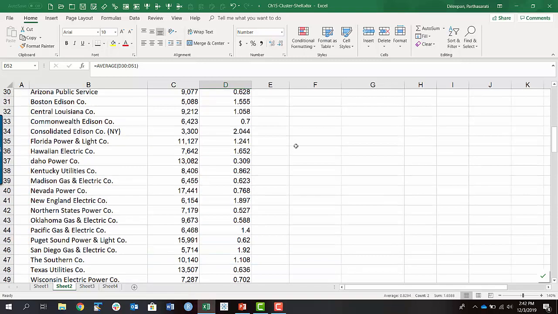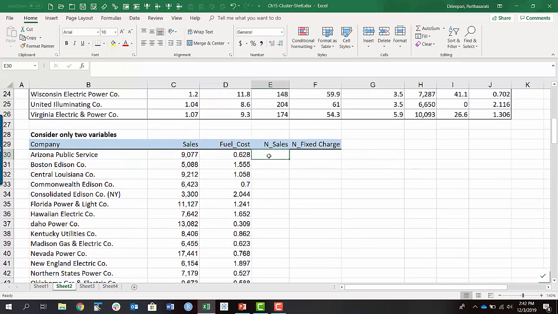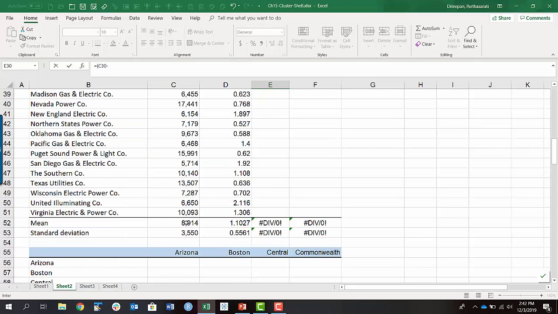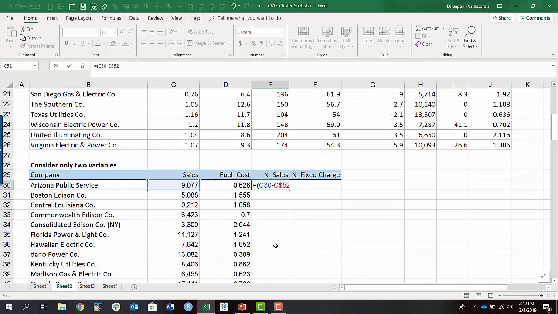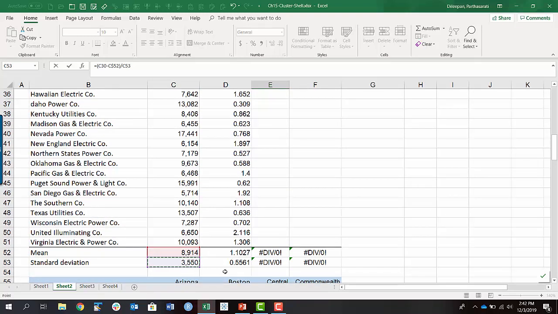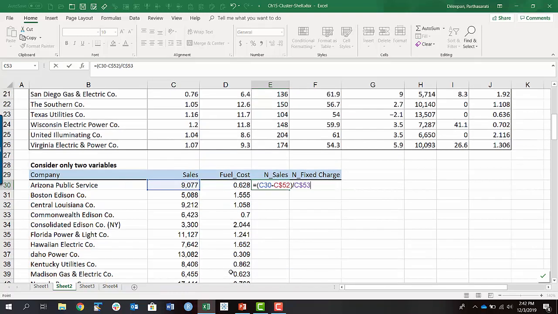Okay, so now let's do the normalization. X minus x bar. So the x bar should be row absolute, divided by standard deviation, and again it should be row absolute.